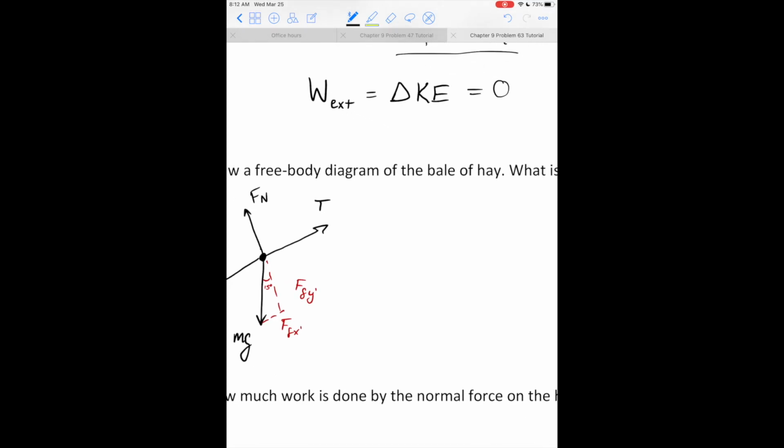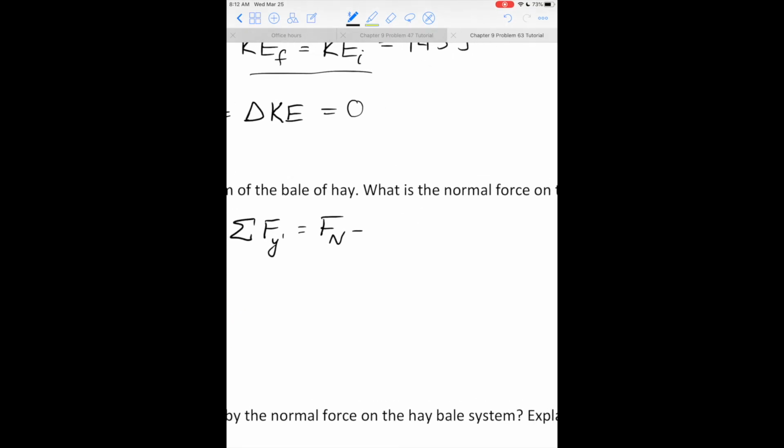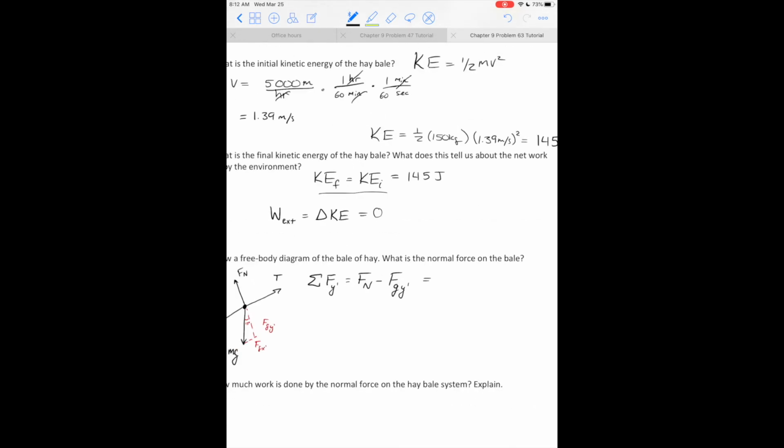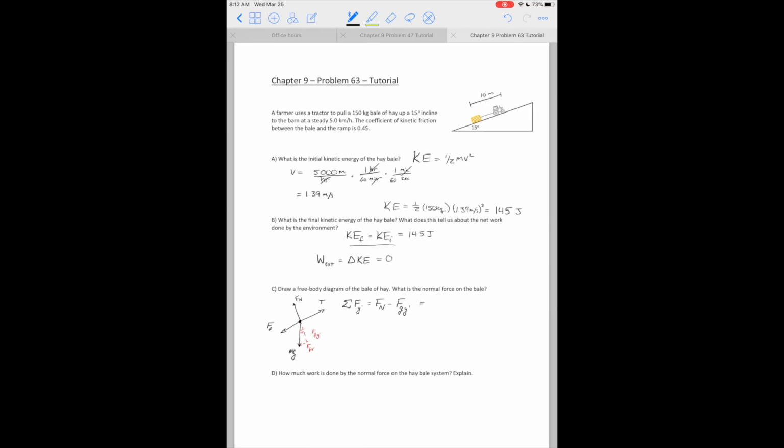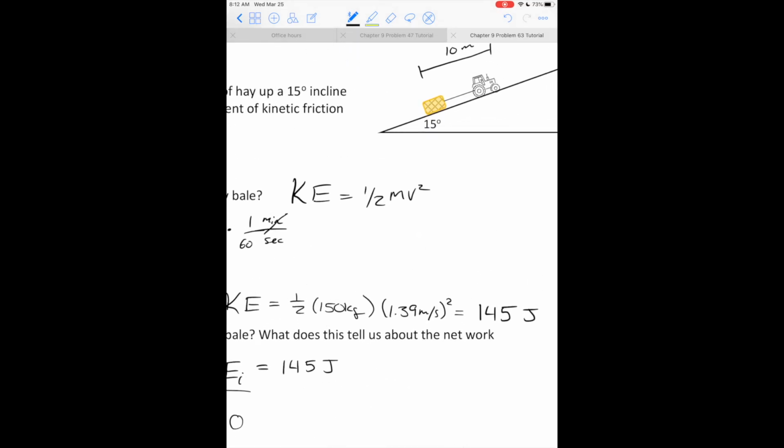So we've got to sum up our forces in the y prime direction. In the y prime direction we have two forces. We have the normal force, and then we have the y prime component of the gravitational force. And it's worth asking ourselves, does this bale of hay accelerate off the ramp or into the ramp?